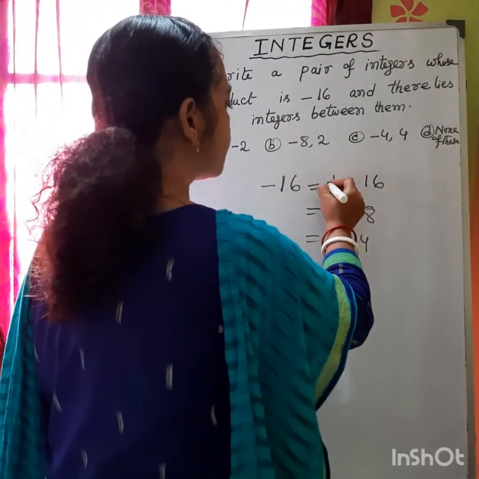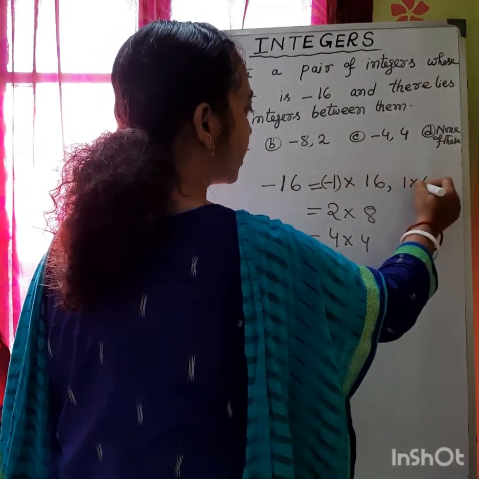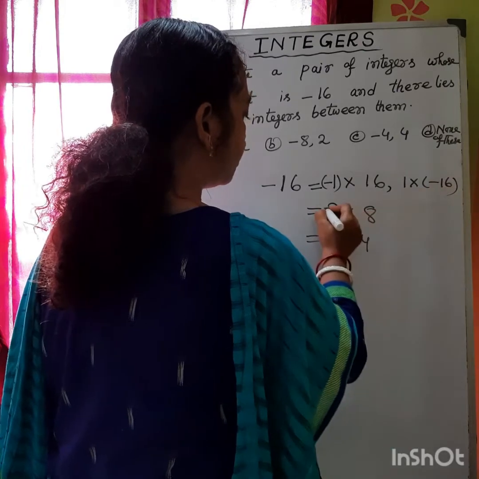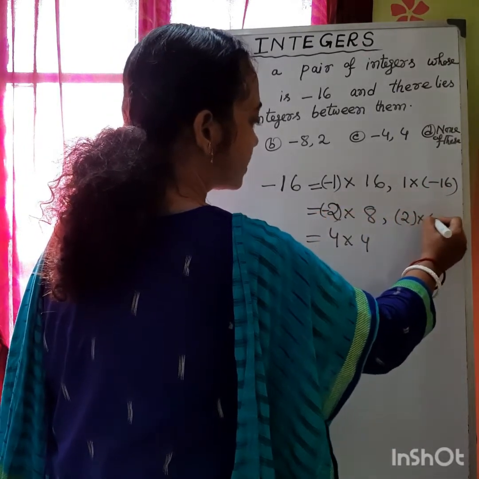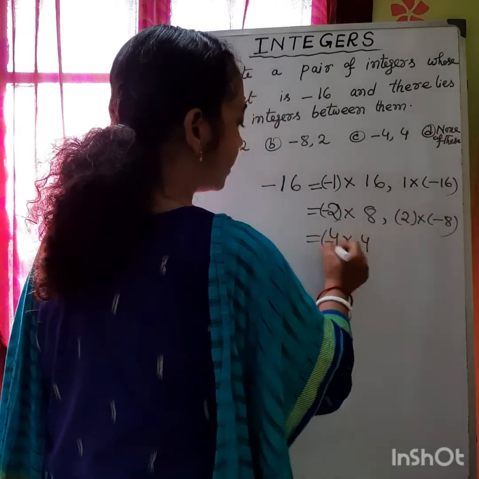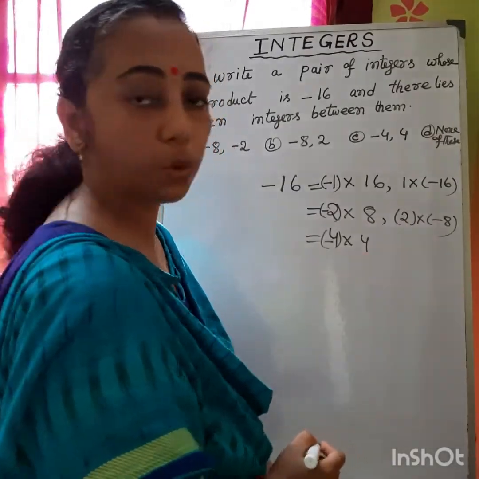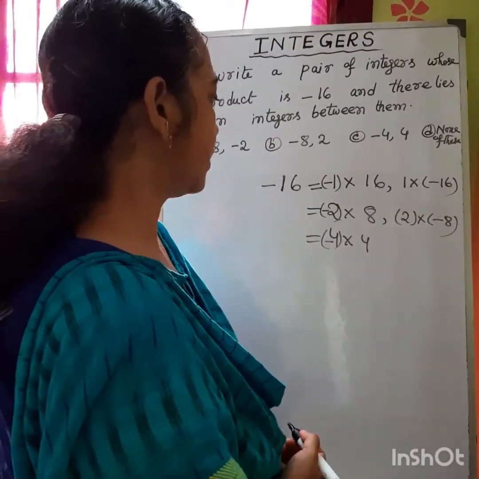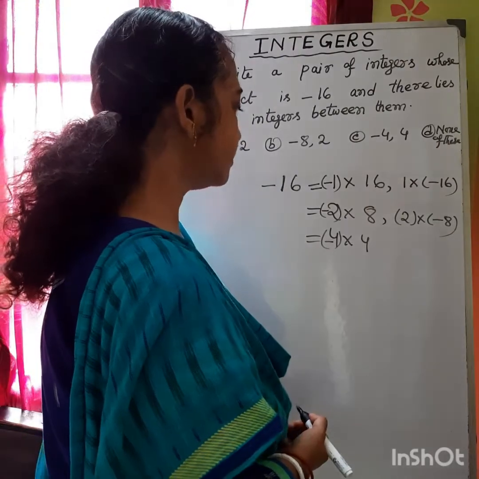So let us put here -1. Alternatively, we can also write 1 multiplied by -16. If we put here -2, then alternatively we can write 2 into -8. If we put the minus here, alternatively it will not differ because both are 4. In this way we can write -16 as the product of two integers.